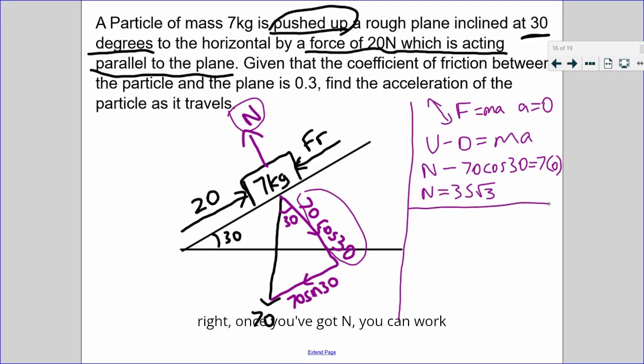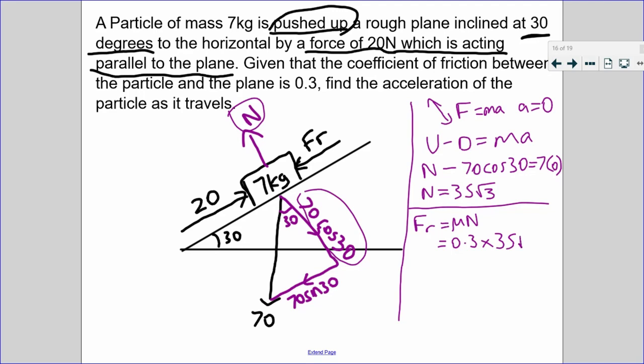Right, once you've got n, you can work out your friction. This is your friction.